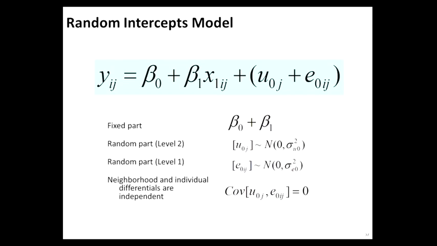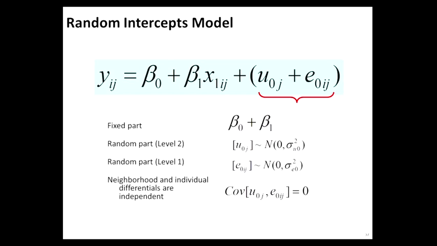So as you can see, in a very quick way, what we have done is we have partitioned the variation in BMI into two components: a component that is due to individuals, and a component that is due to places. And once you separate them out, then you can very clearly distinguish how much of the variation is due to places or is due to individuals, how much of the place variation is explained by the composition of the SES, of the individual composition, and so on and so forth.